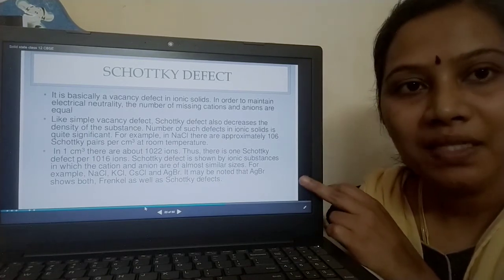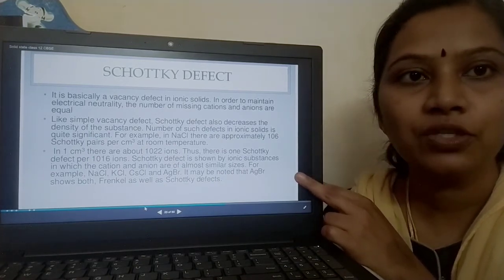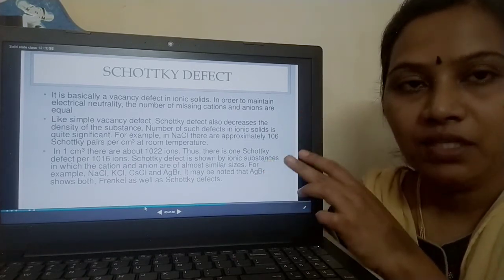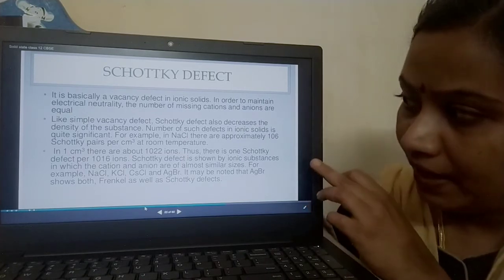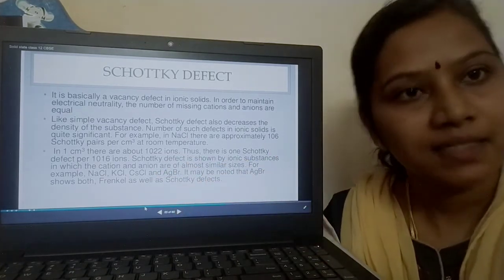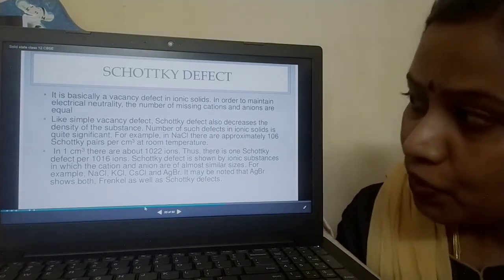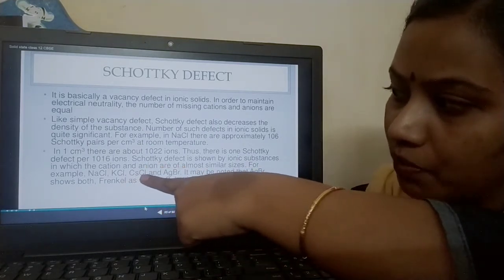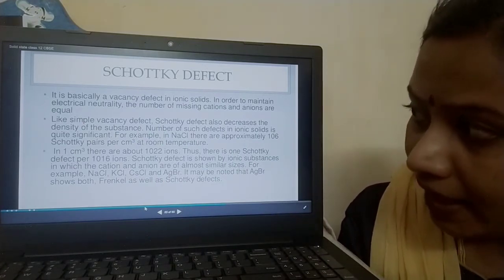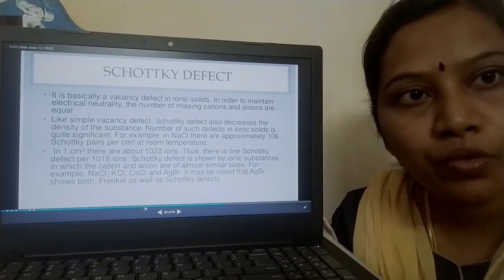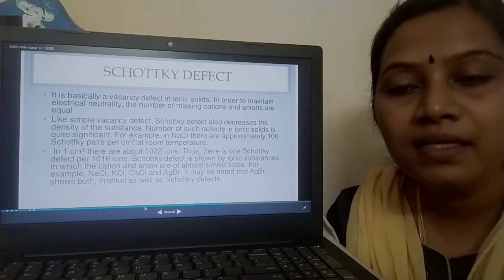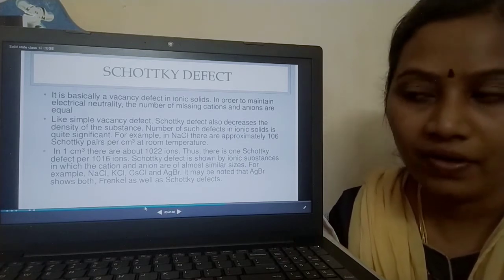But that decrease in density is not that significant, and the Schottky defect is exhibited by solids where the cation and anion bear almost the same size, for example sodium chloride, potassium chloride, cesium chloride and silver bromide. The size of the cation and anion will be almost similar. So the decrease in density is not that significant.